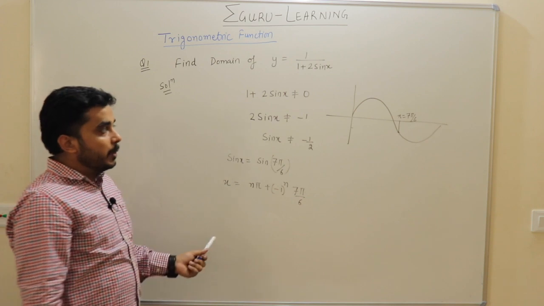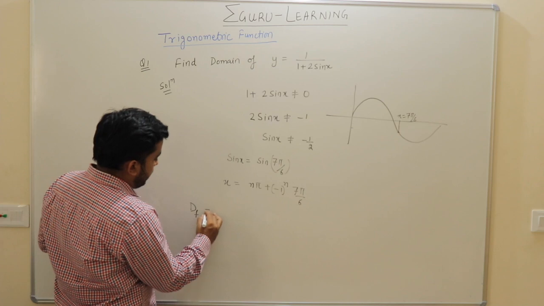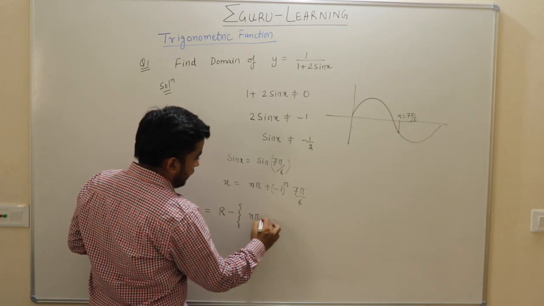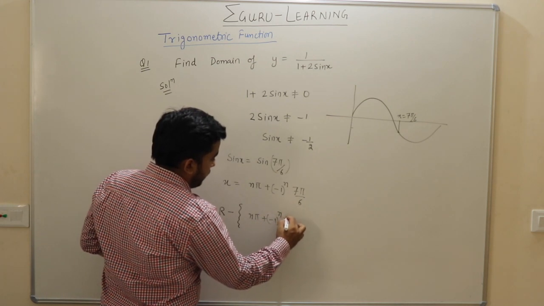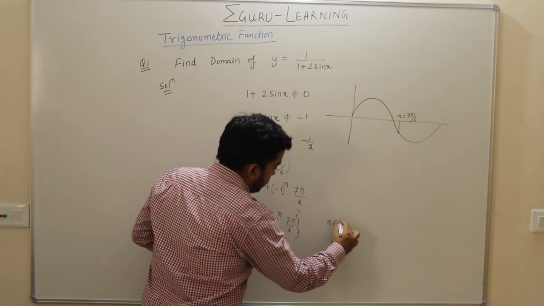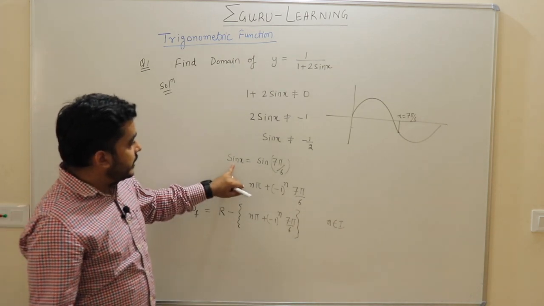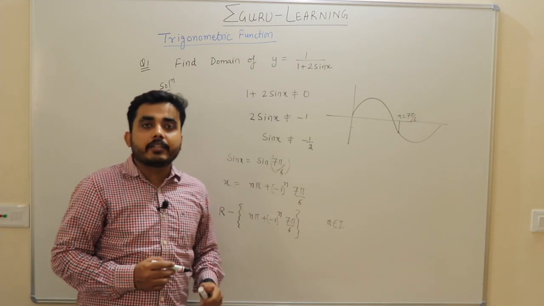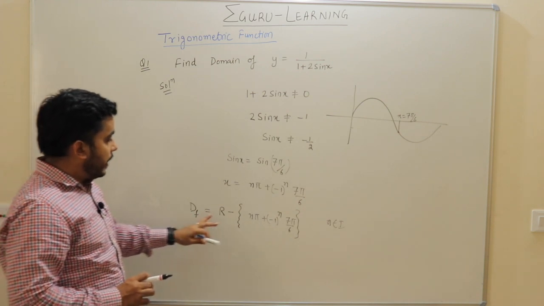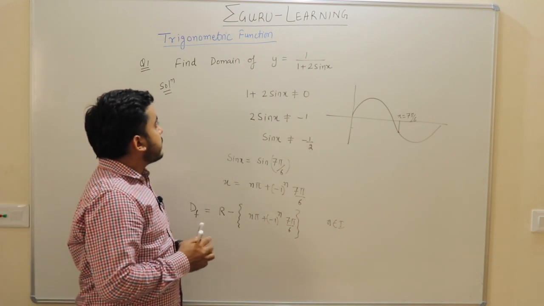So I need to remove all those points from the domain. The domain of the function becomes R minus n pi plus minus 1 to the power n times 7 pi by 6, where n belongs to the integers. We remove all those points where sin x takes the value minus half. This was the very first question.